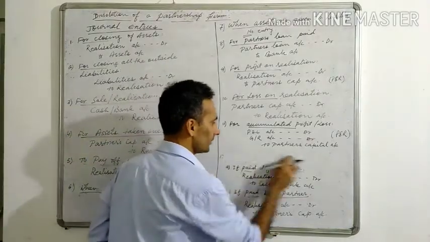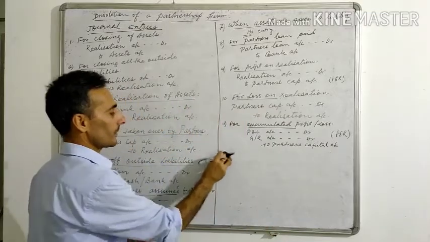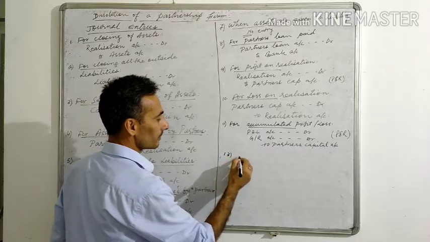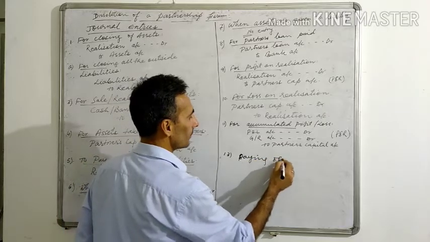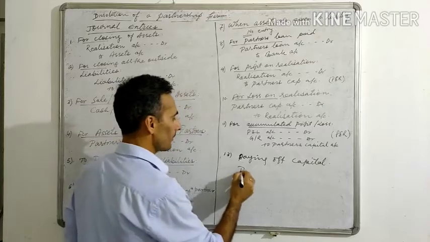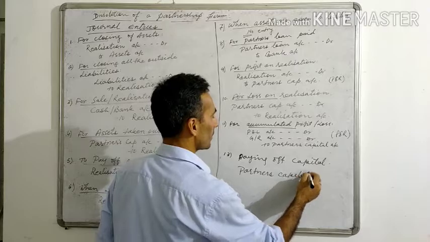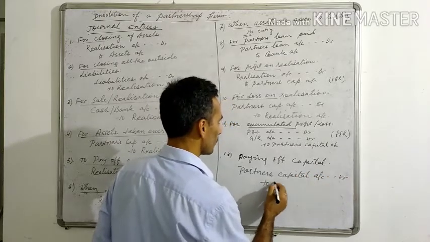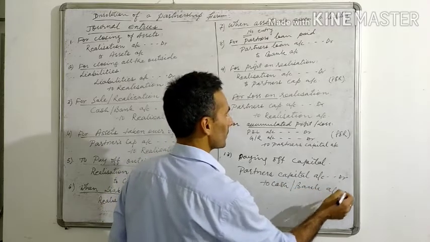Next one is paying off capital. So you have the entry partners capital account debit to cash or bank account.